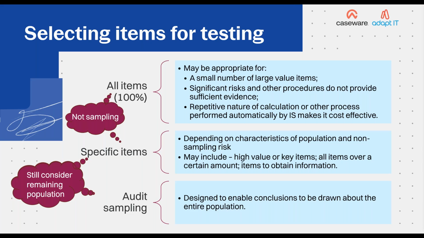All right. Then lastly, just to note that in specific item selection, because we haven't tested everything, as well as in sampling, we still have to consider the remaining population. So in specific items, if I've tested all the material items, but there were only 2 of those 500 trade receivables in the age analysis that were material, and their balance was only 5% of the total debtors outstanding at year end, I'm trusting that you're going to say to me, well, surely I can't just stop after testing the 2 material items.